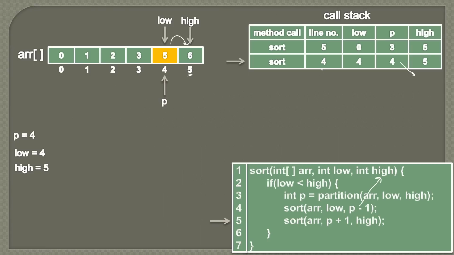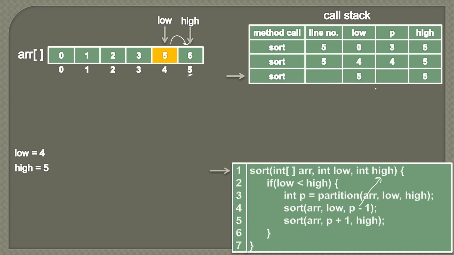So first we update the line number here, because we are leaving this sort method. And then we are calling sort. So there will be one more method on the call stack with P plus 1 as our new low, which is 5, and high remains 5 only. So it looks like this.